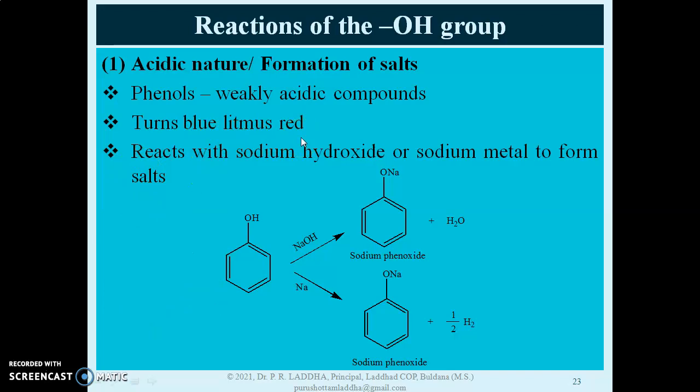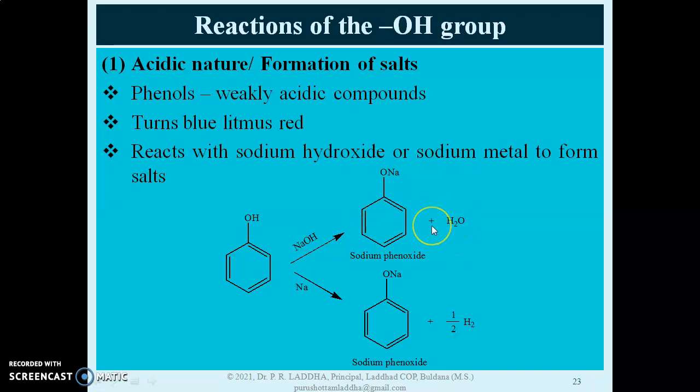That proves the acidic nature of phenol. Simultaneously, when we react phenol with a base like sodium hydroxide or with sodium metal, that produces a salt, sodium phenoxide. So phenol when treated with sodium hydroxide gives sodium phenoxide and water.